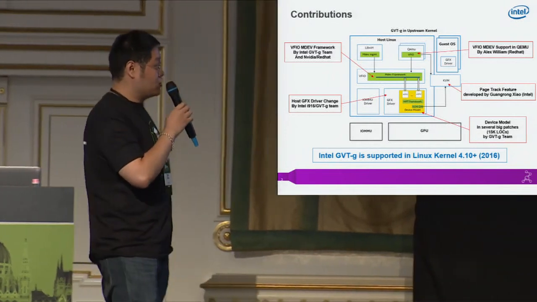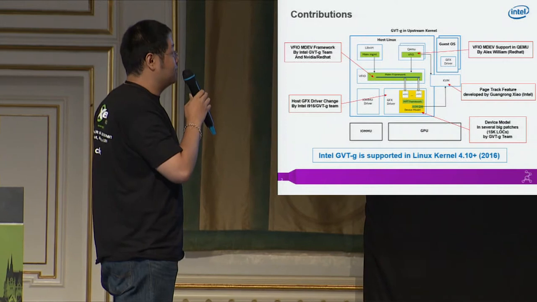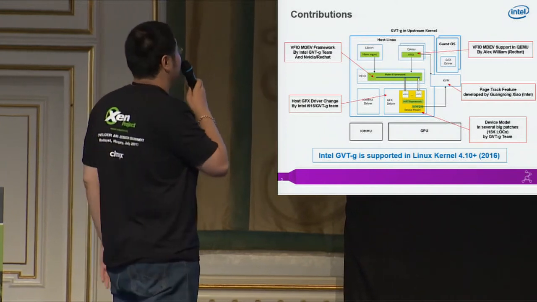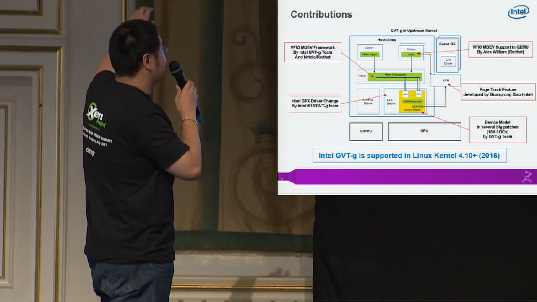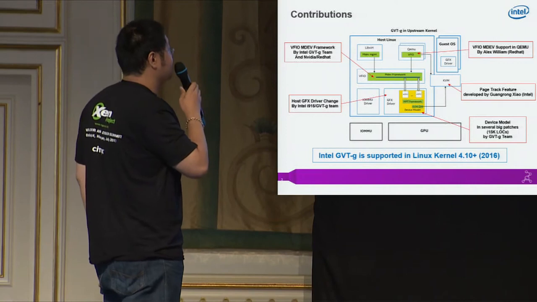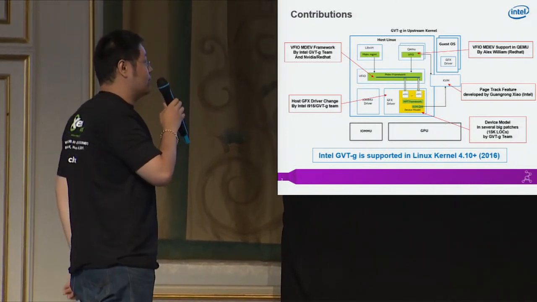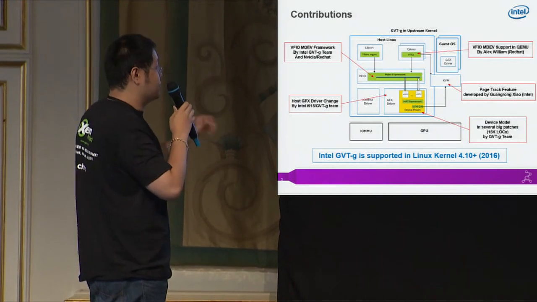This is the major contribution from our developers. As you can see, we developed a mediated device framework with Red Hat and NVIDIA, because NVIDIA is also going to upstream their vGPU code to the Linux kernel.